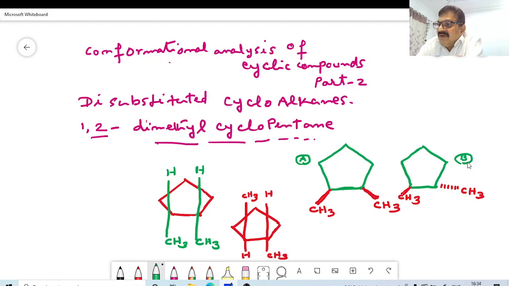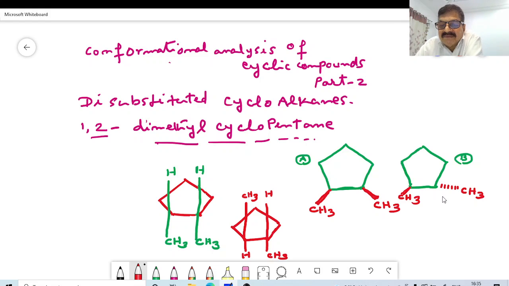Okay, now wedges and dashes are used to represent this kind of structures. What is this wedge? Here we can see these two methyl groups. I have used a wedge here and here it is a dash. Wedge means bonds in front of the plane of the ring, as if these bonds are coming towards you. When you are looking at that, it is in front of the plane of the ring.